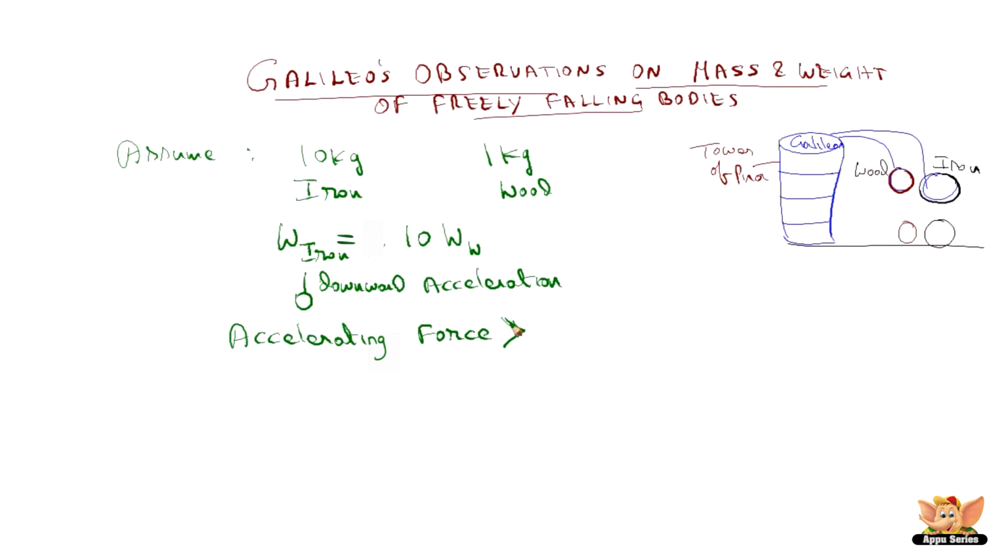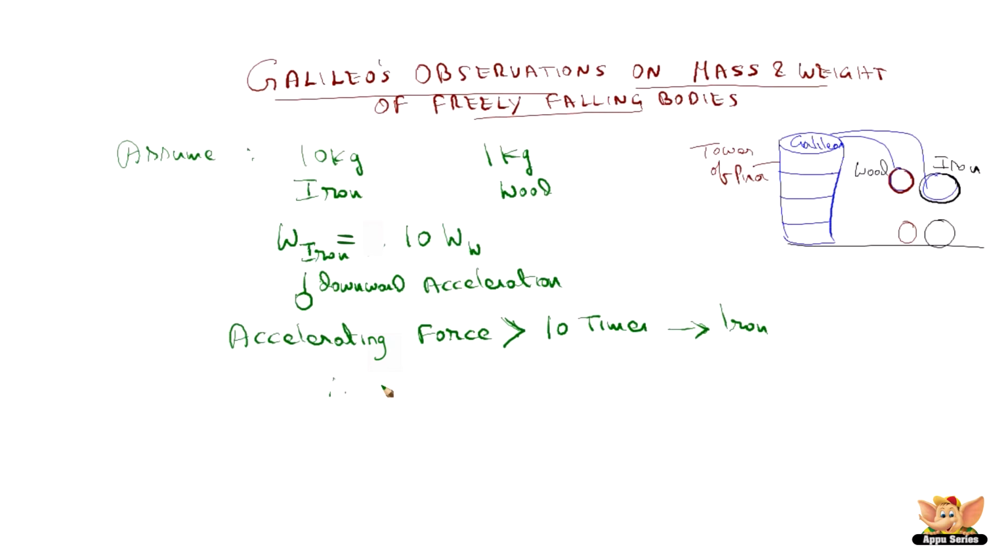Now the accelerating force is greater by 10 times in the case of the iron body, because the weight is greater by 10 times that of the wooden ball. Therefore, the accelerating force is higher on the iron ball. So even if the mass is heavier, because of this higher force, it is able to fall to the earth at the same pace as the wooden ball.